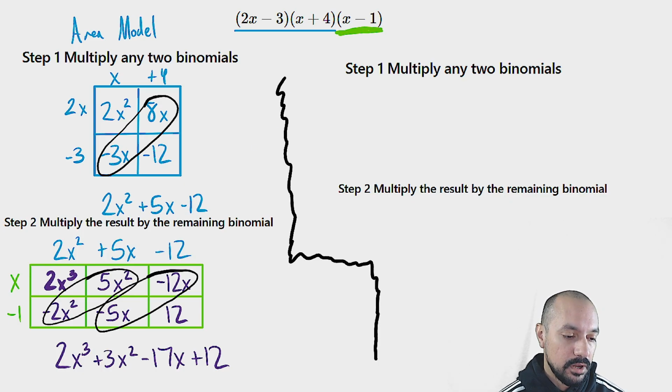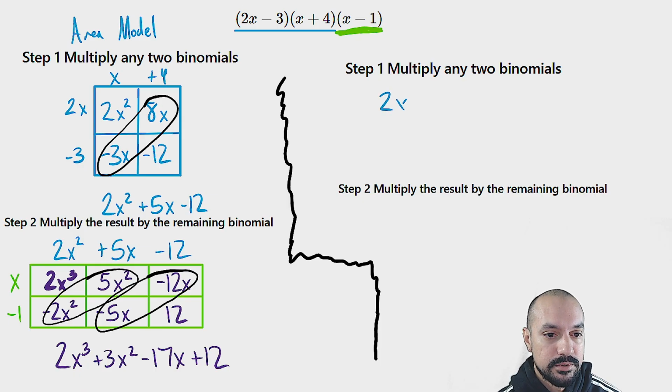The area model can take a bit to set up sometimes. So the way that's probably going to be more common, especially if you don't have a huge multiplication problem, is just to do what some teachers call FOIL, where you just kind of distribute. So let's first show that with the first two binomials. It's the same exact thing, same exact result, it's just the setup is different.